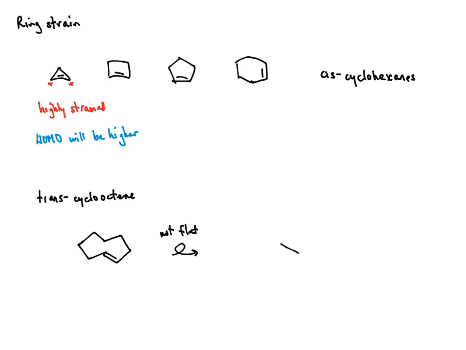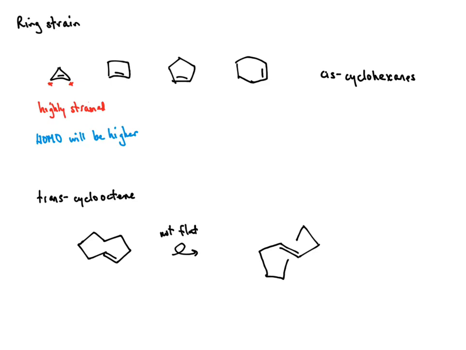It kind of has a conformation that looks like this, where that double bond is kind of sitting in front of one of the pi bonds. And so the smallest trans-cycloalkene system is cyclooctene. Anything smaller than that is just too strained.